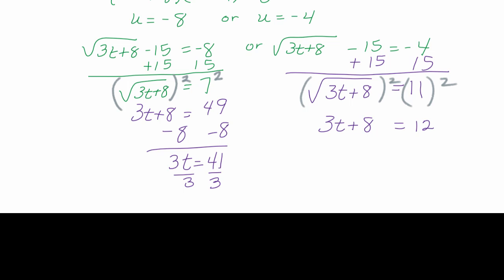And here we have a 121. And subtract 8. So we get 3t equals 113. And divide by 3. So I don't know about you, but I think we better check these using our calculator.